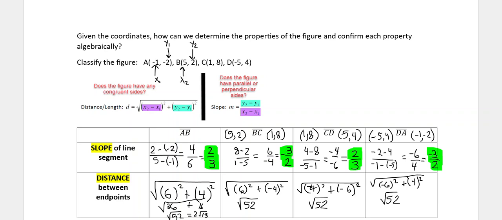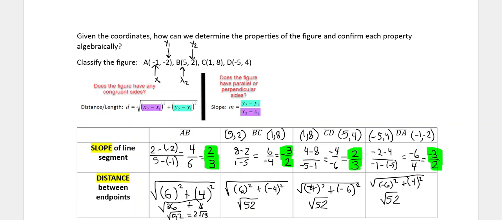Once you find the slope and distance between points for each of your 4 segments, you now can compare and determine what properties exist. Seeing that all 4 sides have the same length, we can think of a square or a rhombus because those are quadrilaterals where all 4 sides have the same length.